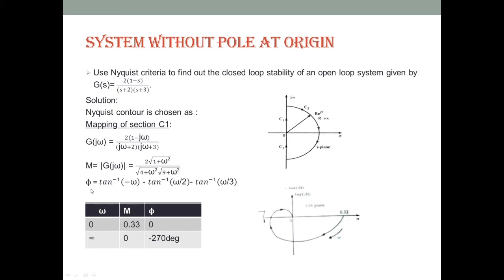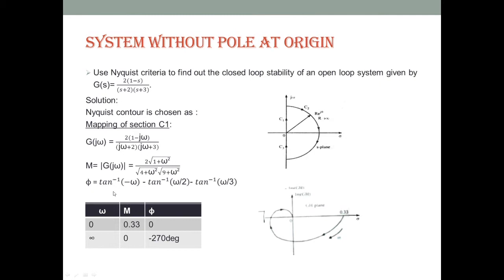So next is the phase angle. To find out the phase angle, the angle contribution for this 2, that is the gain, is 0 or none. And for this one, 1 minus j omega, this is located at the numerator, so the angle contribution will be tan inverse of minus omega by 1. So it can be written as tan inverse of minus omega. Now the remaining two terms are minus of tan inverse omega divided by 2, and minus of tan inverse omega divided by 3.